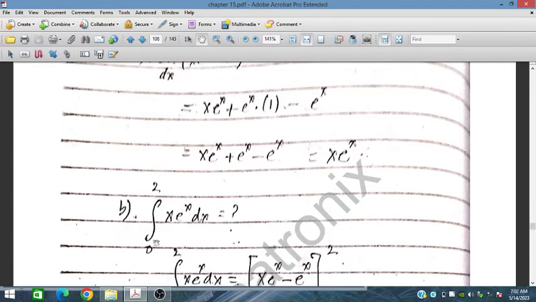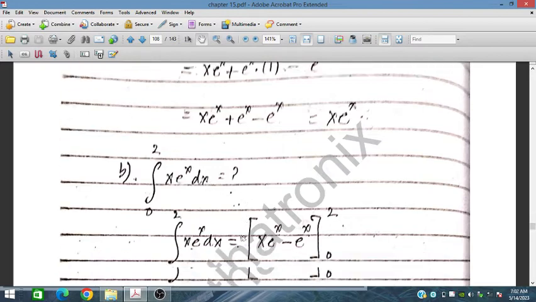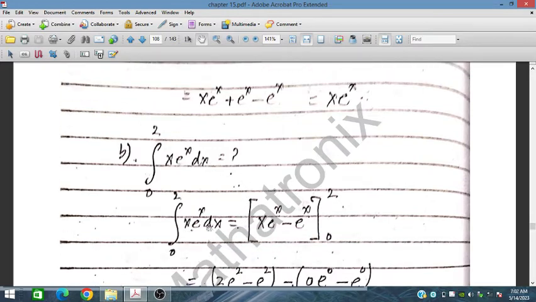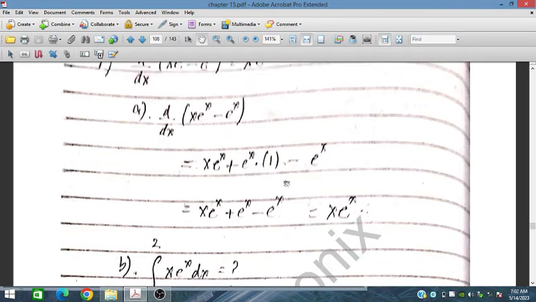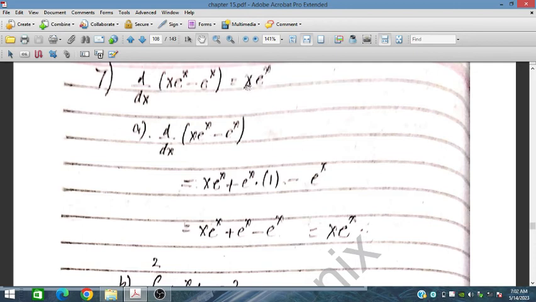In the second part we have to evaluate the area from 0 to 2, and we have x e power x dx, and this is x e power x minus e power x. Because on integrating this we will obtain this result.